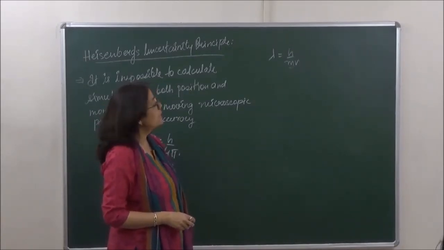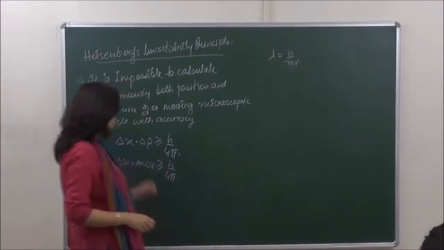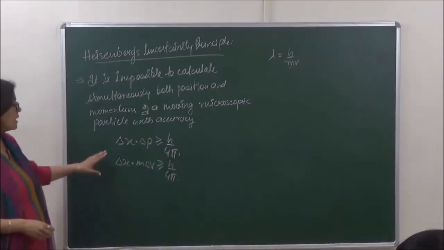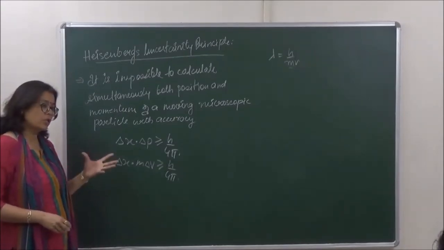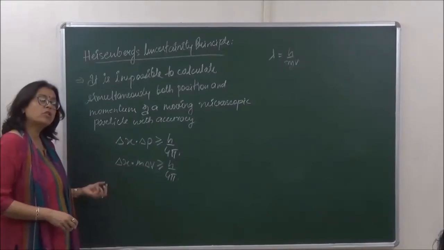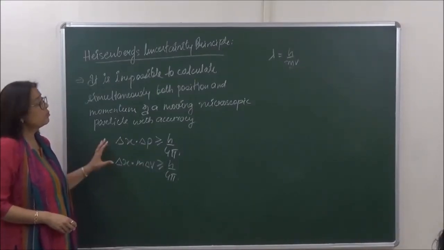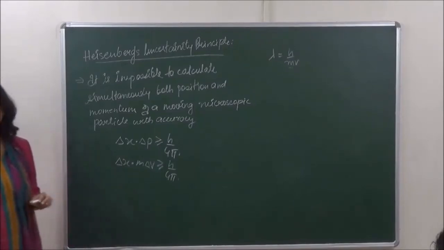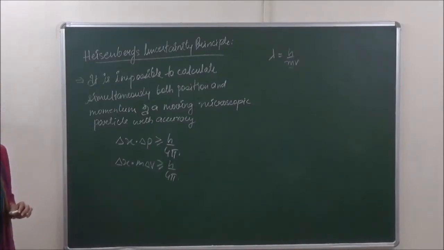Similarly, for the uncertainty principle, if the mass of the particle is large, we can locate both the position and velocity of that particle. So both of these are only true for microscopic particles.